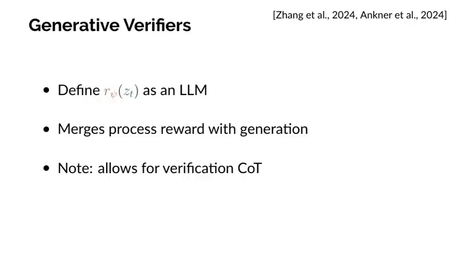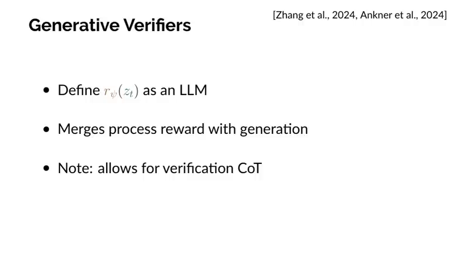There are many ways we might choose to parameterize this learned process reward model. One interesting idea is to learn it as a large language model. The idea here is that the actual process reward model that's checking how well we're doing can itself use chain of thought. It might try to reason about individual steps and utilize them to decide upon the answer.